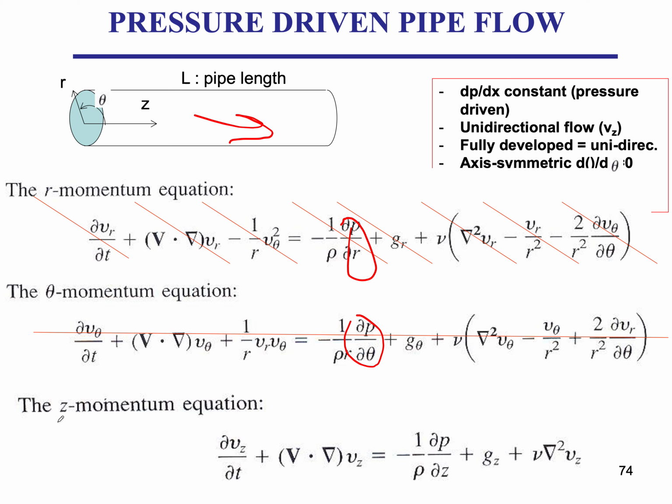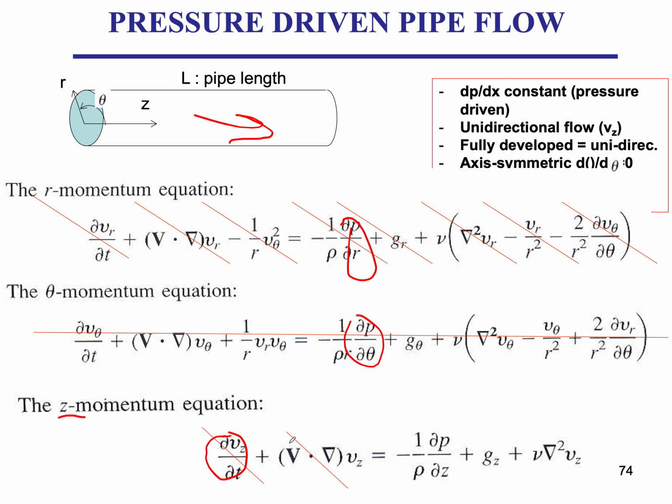So we'd expect that the equation that would have non-zero terms on both sides would be the Z direction momentum equation. So let's look at the terms in there. That's the steady term, so it's 0. And here we have our convective term.